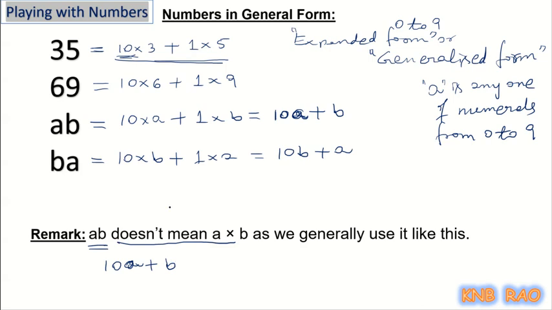So, moving on to the general form of a 3-digit number. You know, this 3-digit number 485 is nothing but 4 hundreds, since 4 is in the place of hundreds, and 8 is in the place of tens, that means there are 8 tens, and 5 is in the place of units, which means there are 5 ones.